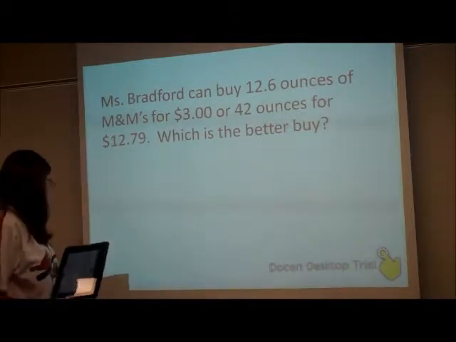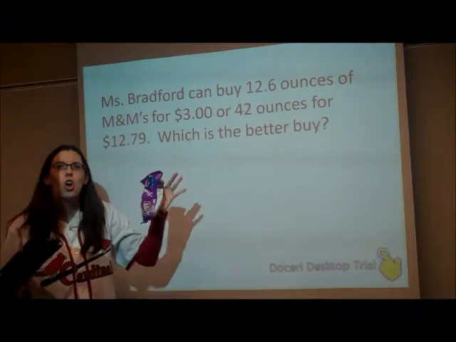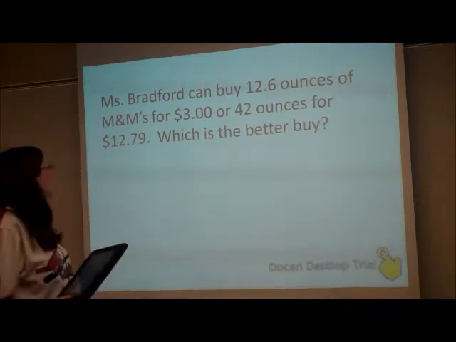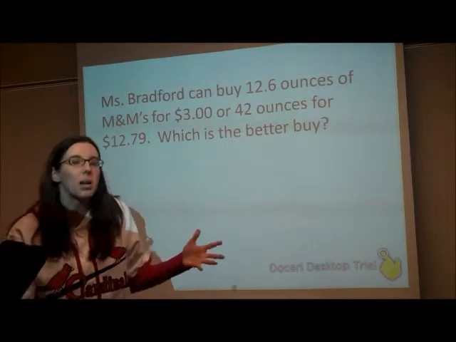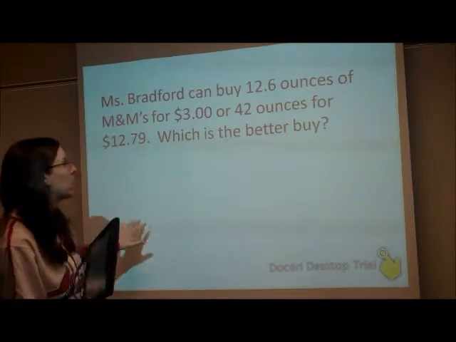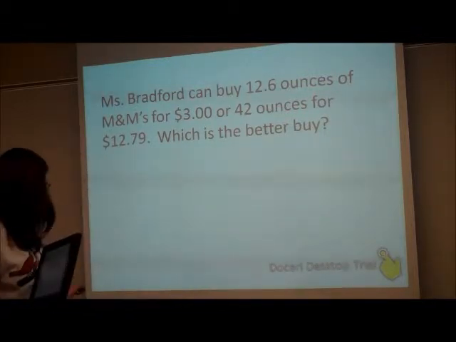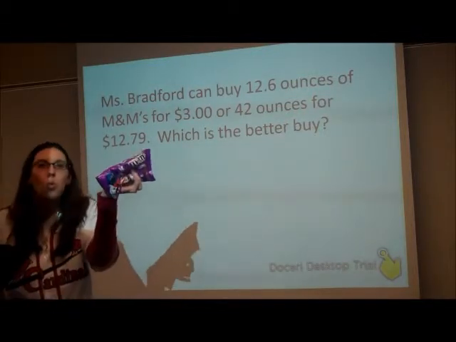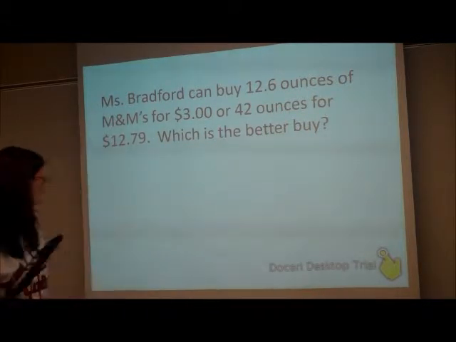I can buy a 12 and 6/10 ounce bag of M&Ms for $3 or a huge 42-ounce bag for $12.79. I want to know if I'm going to be buying a lot of M&Ms because I'll eat them anyway, which one is cheaper? Well, it's easier to compare if I would find out how much 1 ounce of these cost and how much I'm paying for 1 ounce of the bigger bag.